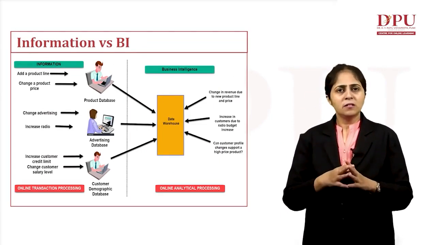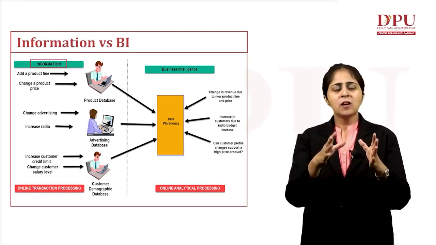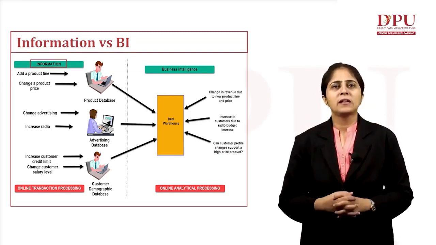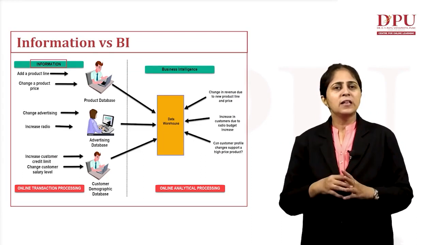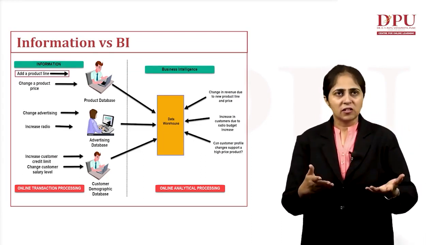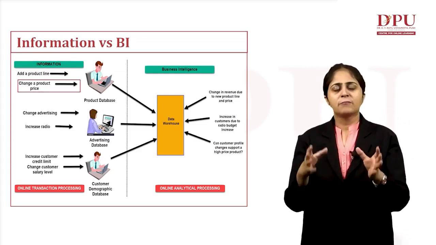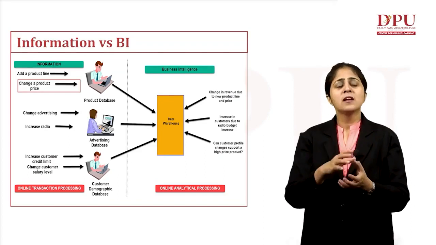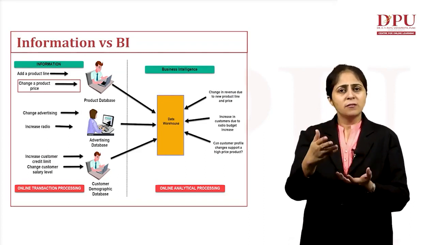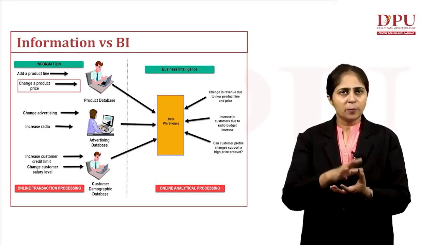So let us see. If we have general information, like there's a person who is maintaining the product database, what can he do? He can add a new product line for the organization. He can change the product price. If we have fixed some price for the product, there is a person, a product manager we can say, who can change the product price.